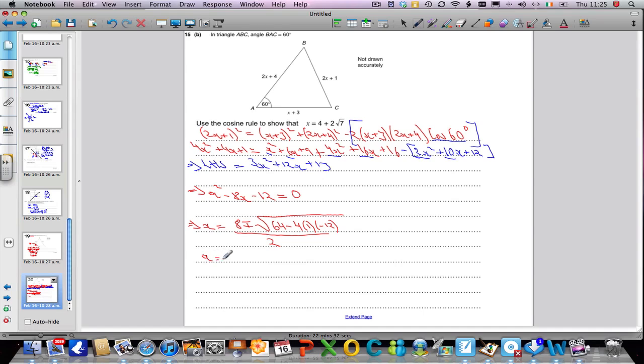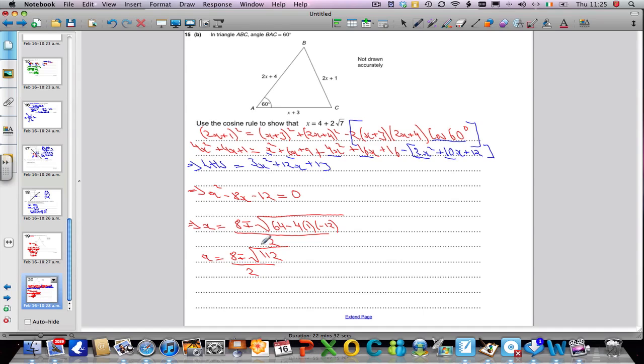So we get x equals 8 plus or minus square root 64. Okay, let me see. Minus 4 times minus 12 is plus 48. And 48 plus 64 is 112. And that's all divided by 2.